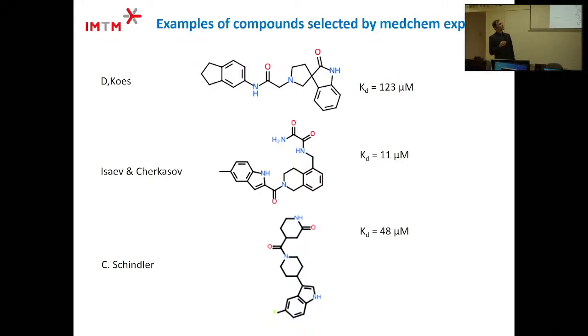And these are compounds which were highlighted for the top performing groups, from David Koes, this molecule. For some reason, it has quite low affinity, so I don't know why it was selected, but probably there are some reasons behind it.